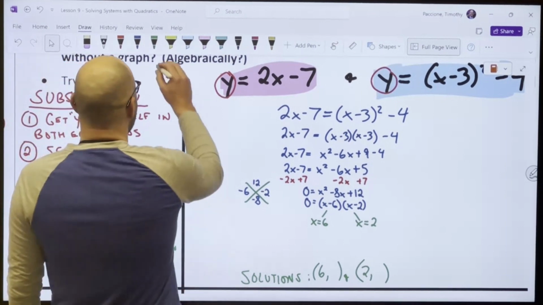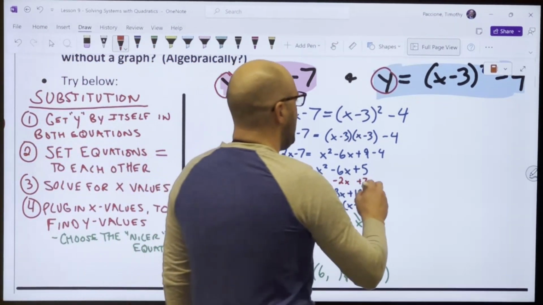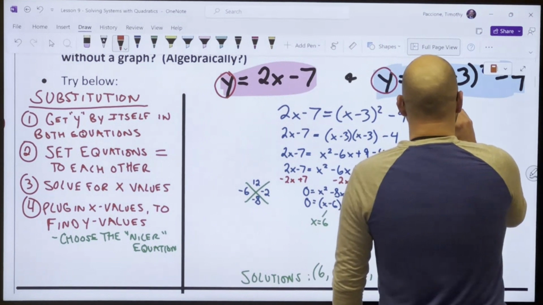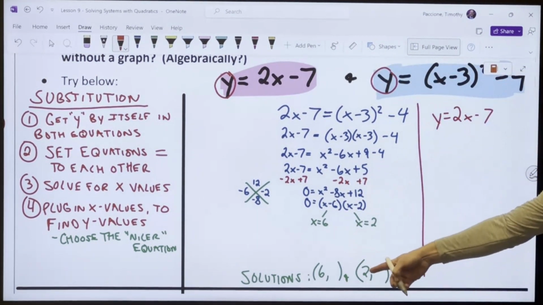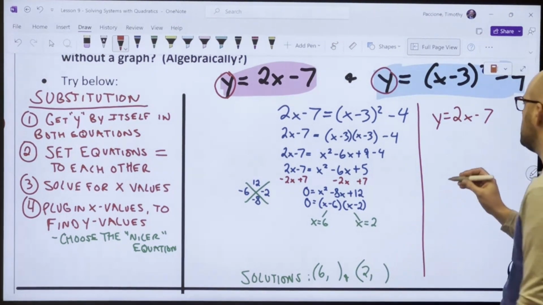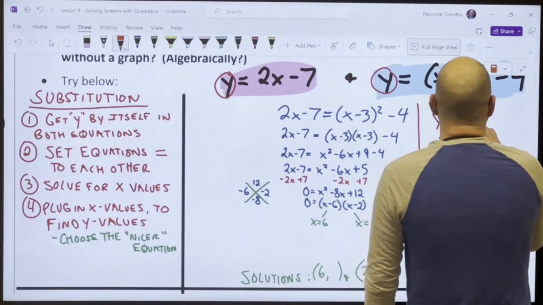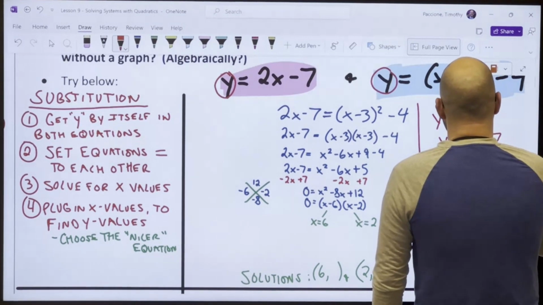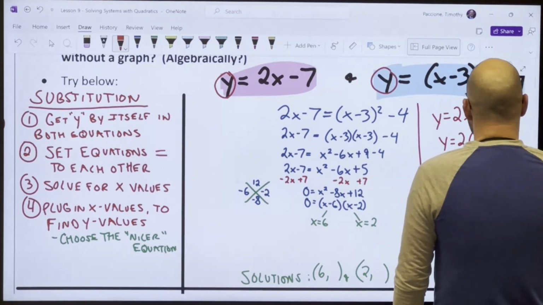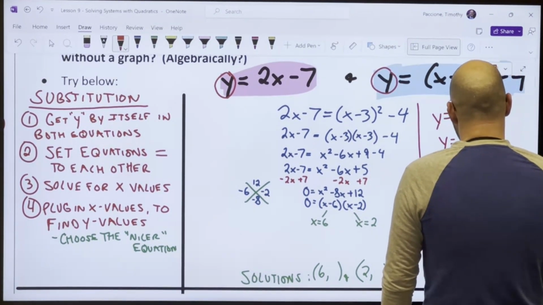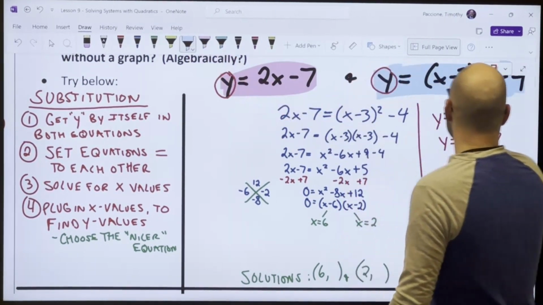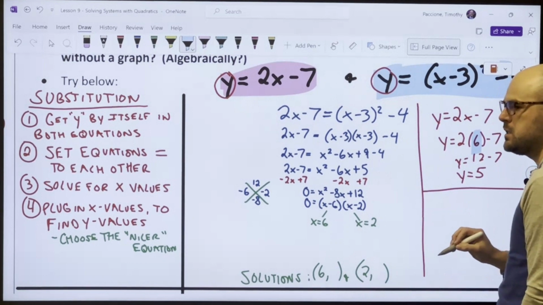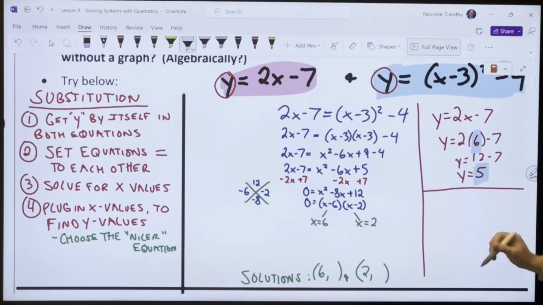So I'm going to plug each of these in to find my y, right? So we know y equals 2x minus 7. What was our first x? 6. So y equals 2 times 6 minus 7, or 12 minus 7, or 5, right? So when x is 6, y is 5, right?